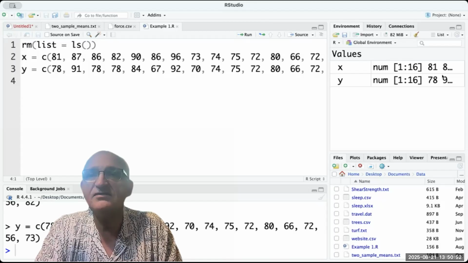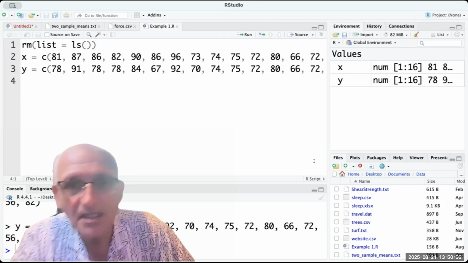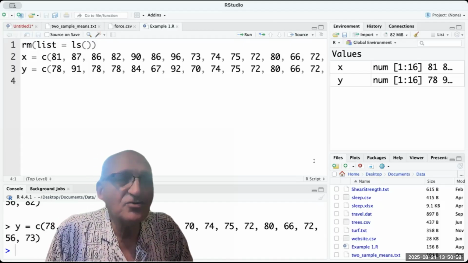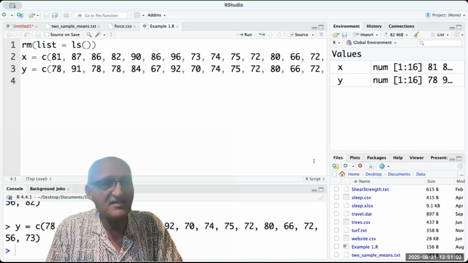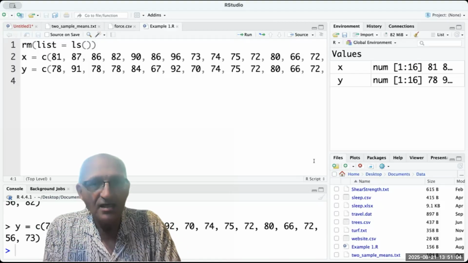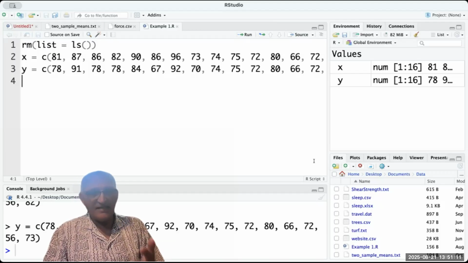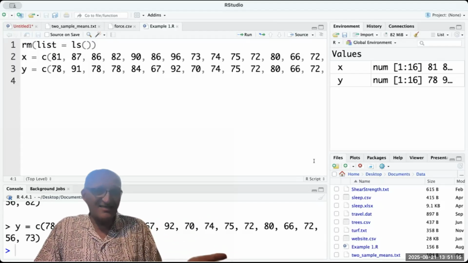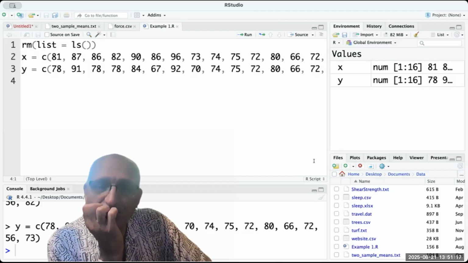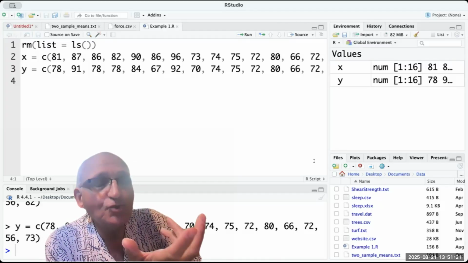If you want to look at the values, again, you can click and open them. But suppose I want to check, remember I told you some statisticians would run an F test to see if the variance is the same. Another way to do it also is to ask: I don't know what x is, what y is. Do you think I should run a paired test or a two-sample t-test?